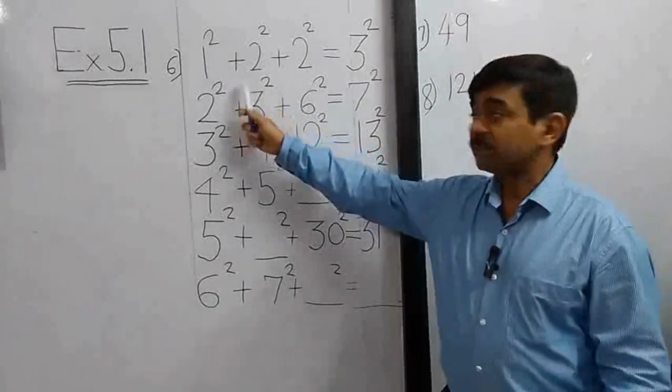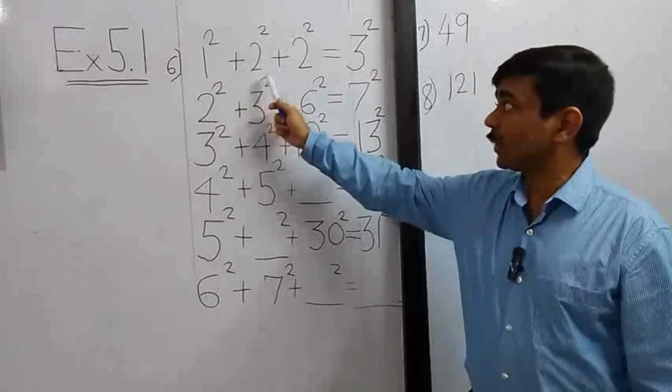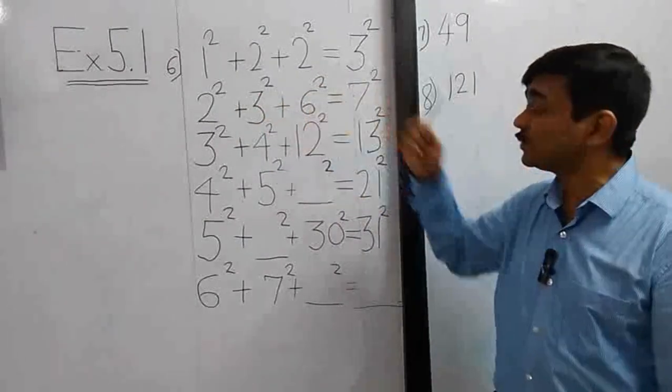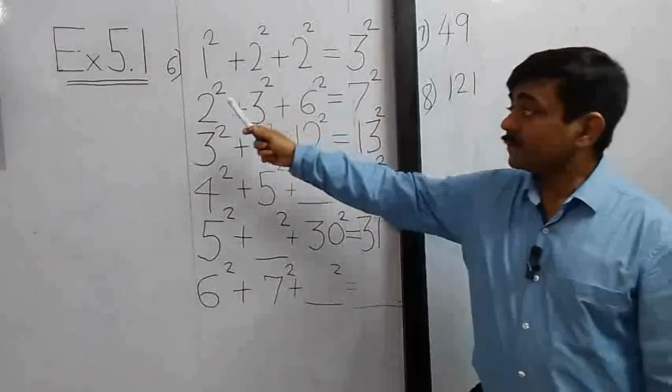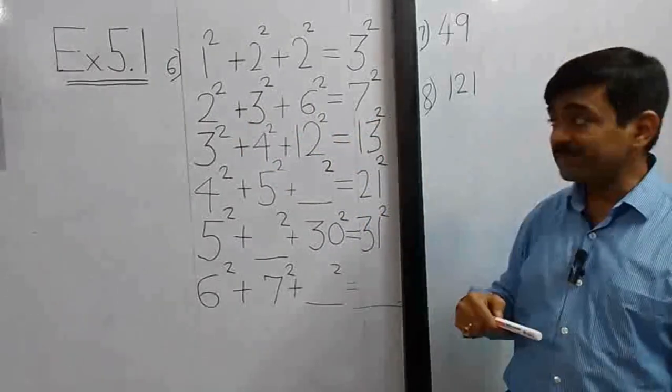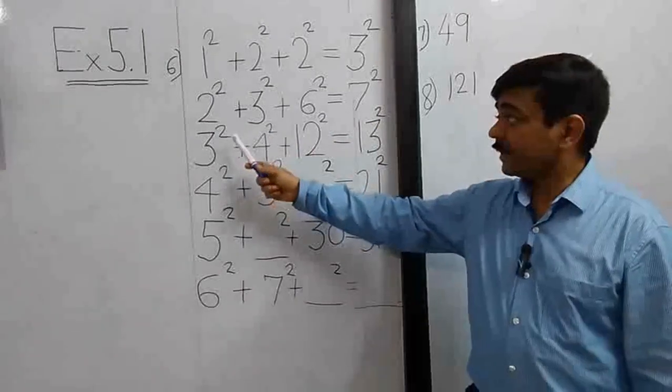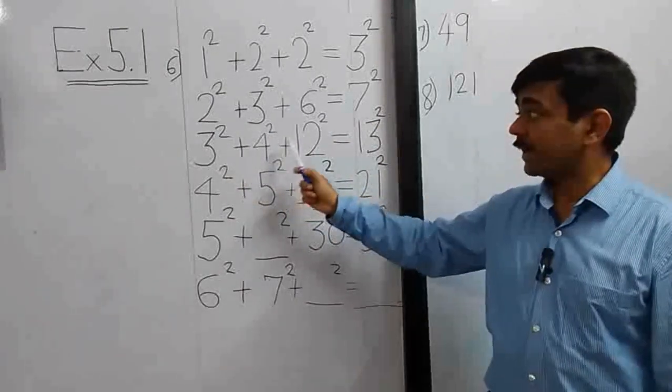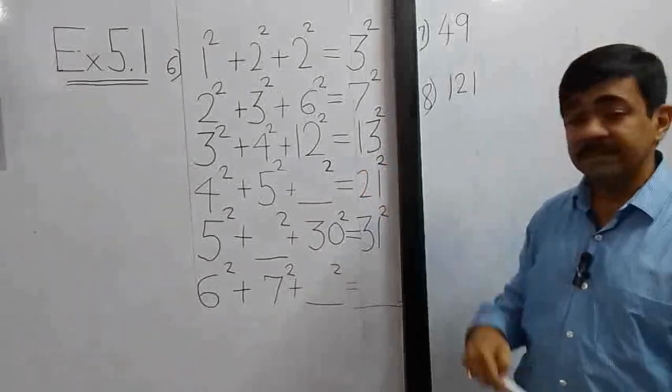So when we observe, 1 squared plus 2 squared plus 2 squared is equal to 3 squared. Then 2 squared plus 3 squared plus 6 squared equals 7 squared. Third: 3 squared plus 4 squared plus 12 squared equals 13 squared.